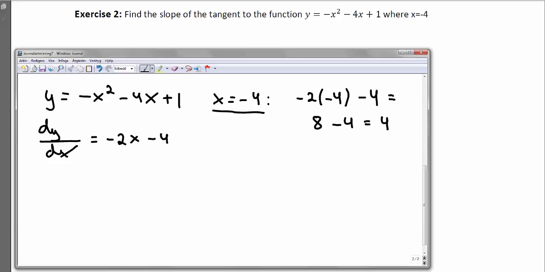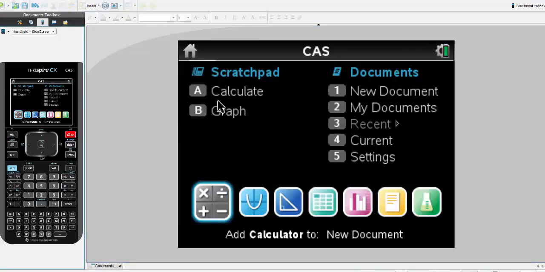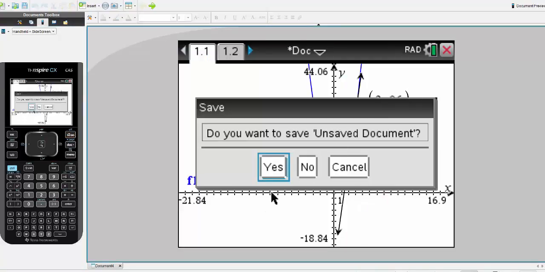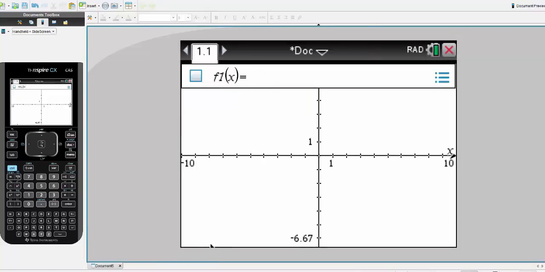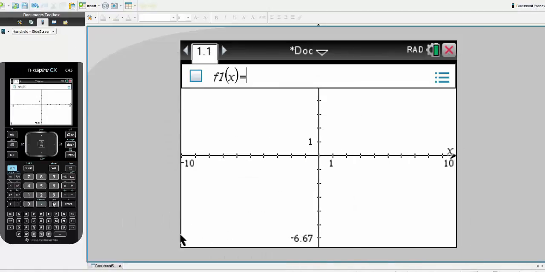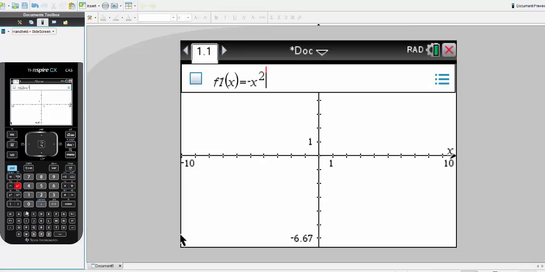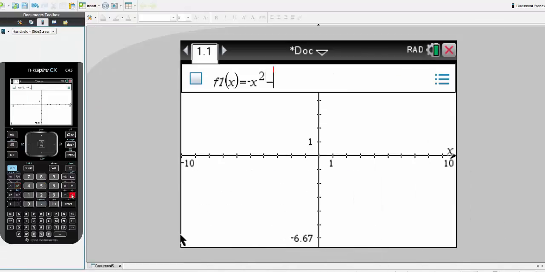Okay, it looks okay. Let's create a new document and check if we're right. I'm going to draw the graph right away. Minus x squared, remember to use this minus sign, minus x squared minus 4x plus 1.